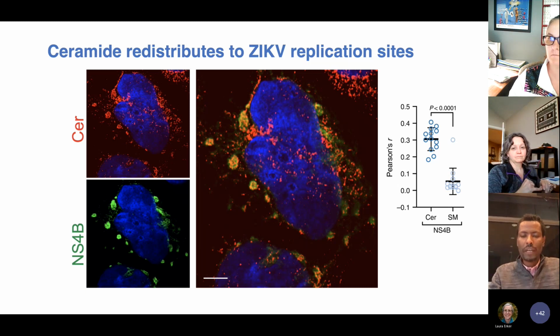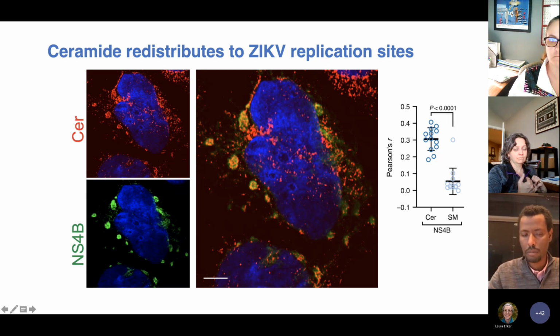So to do this, we went on and did some careful analysis by high-resolution confocal microscopy. We have done a lot of experiments with that, but the key message is that ceramide actually redistributes to the replication site. Here are cells that were infected with Zika virus, and we used NS4B antibody.